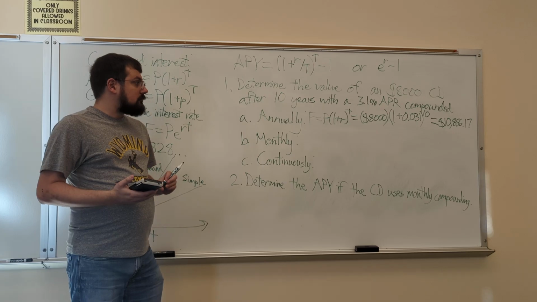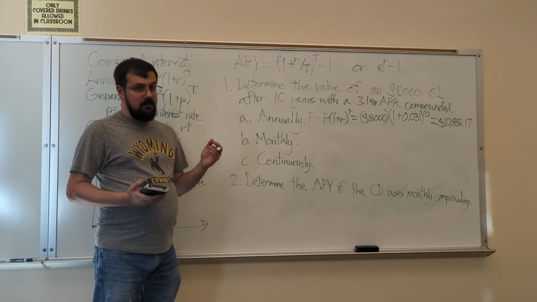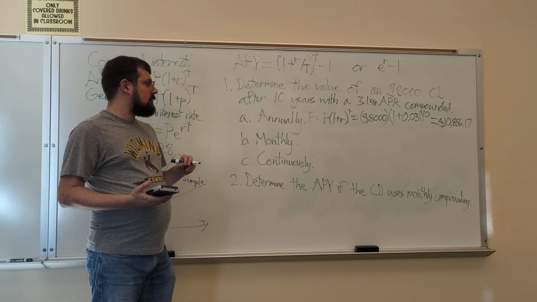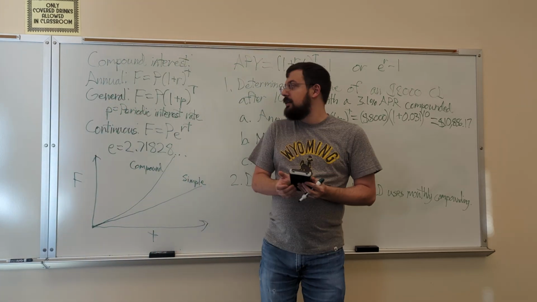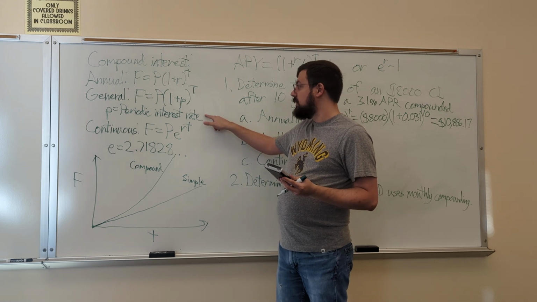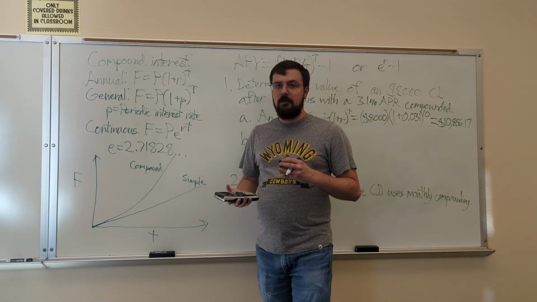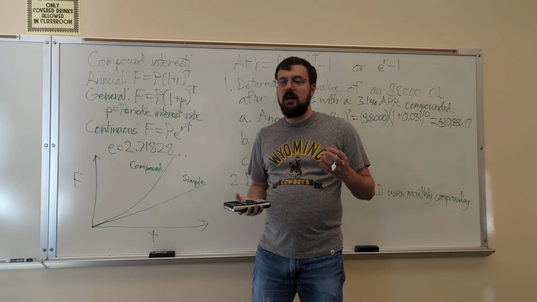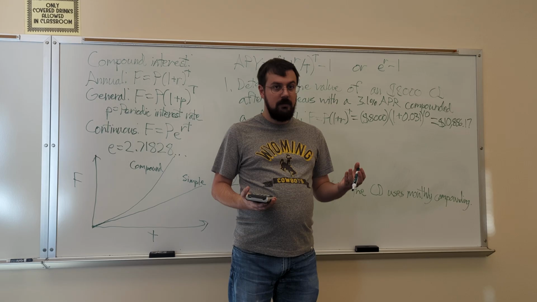Now, the next one, we have compounding monthly. So for monthly compounding, this is where we have to deal with our periodic interest rate. So our periodic interest rate is, once again, just our APR divided by however many times compounding occurs within 1 year.